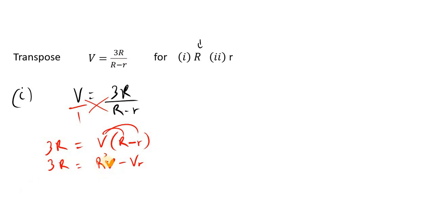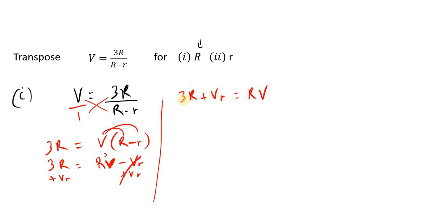The idea I'm going to use is to get rid of this minus VR from this side by adding VR to both sides. And so this cancels out. And what I have now is 3R plus V, common letter R, equals capital R times V. Now I need to remove this 3R from this side.